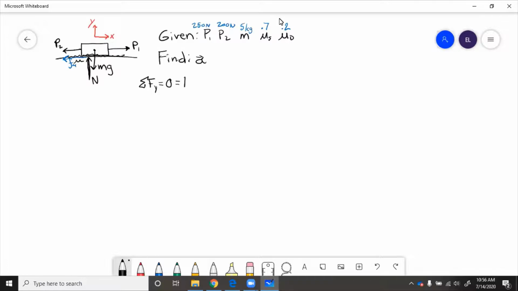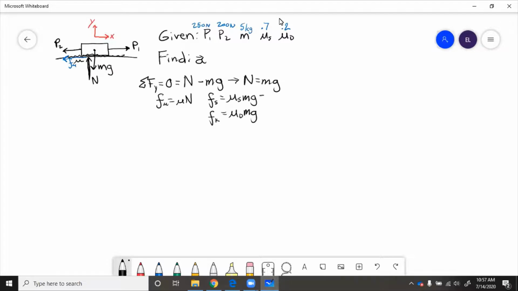And we know that the friction force equals mu times N. So friction force static equals mu_s mg. Friction force kinetic equals mu_d mg.